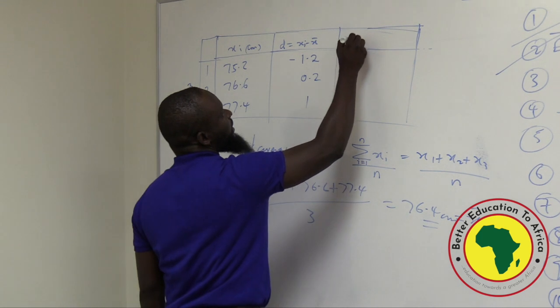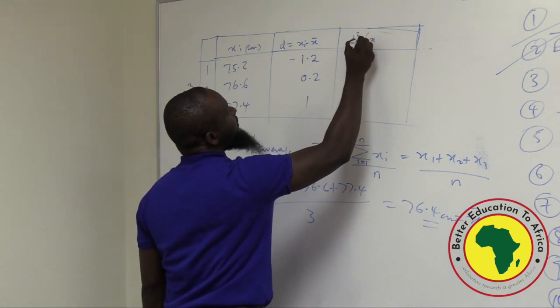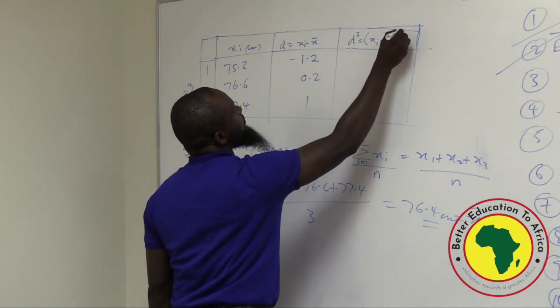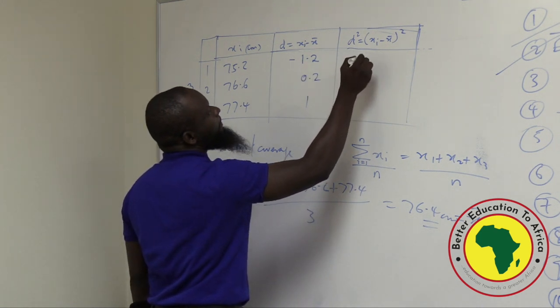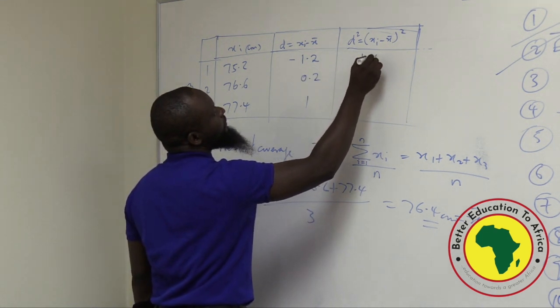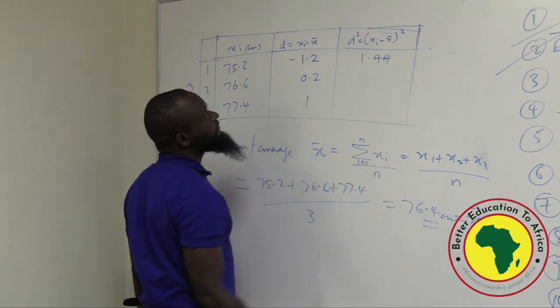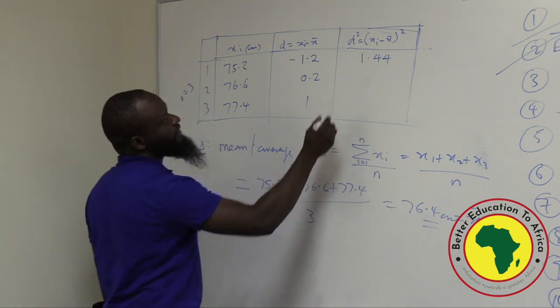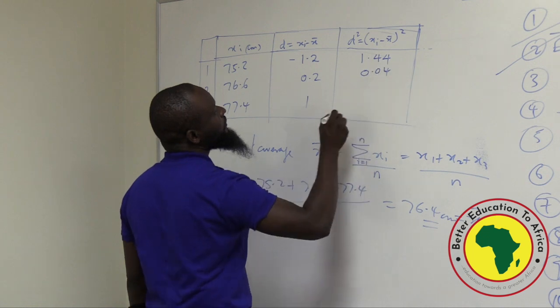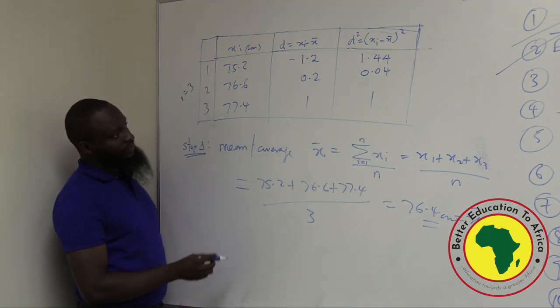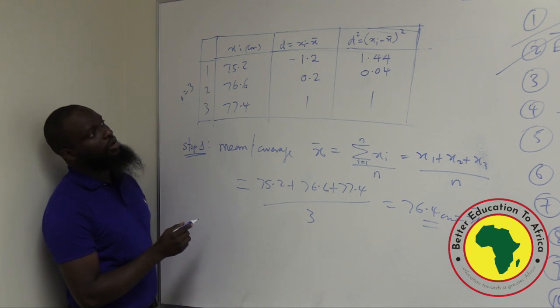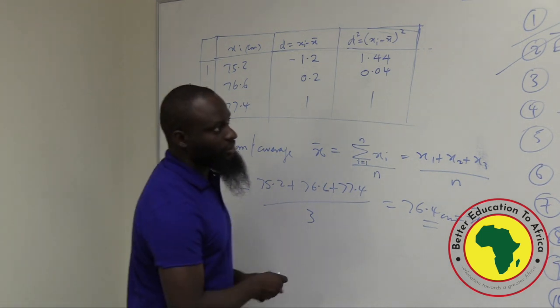Then I do d squared, which is (Xi minus x bar) all squared. That gives me 1.44, 0.04, and 1. Good.